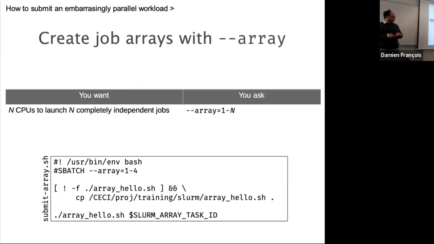So we have 4 jobs. The first one will run array hello 1, the second one will run array hello 2, and so on. And in the end, you will have 4 output files with the outputs of the 4 jobs that are all identical except for the value of this environment variable.